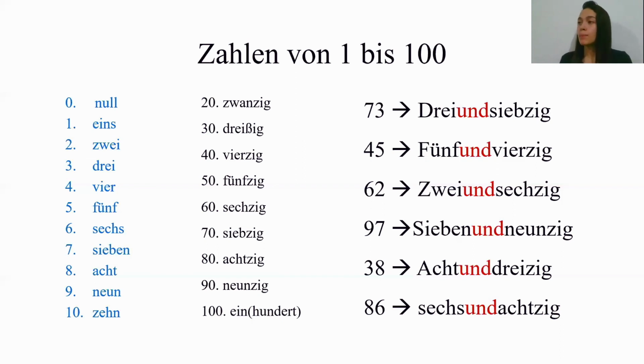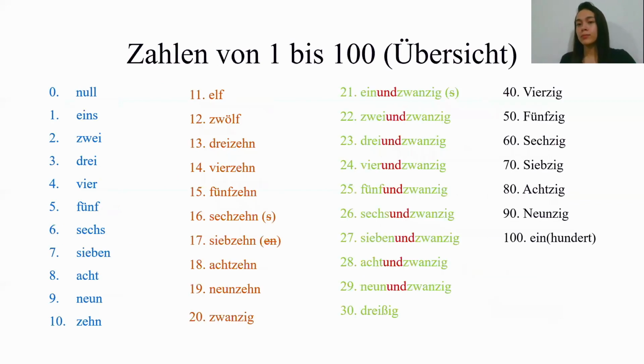You should learn the numbers from 1 to 20 by heart, and also how to count by tens: 10, 20, 30, 40, 50. But when you know them by heart, you can build every number. And here you have a little overview over the numbers, how to build them, and what you should learn.